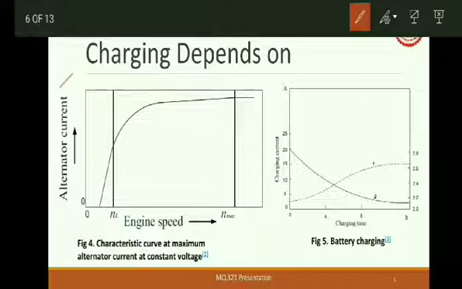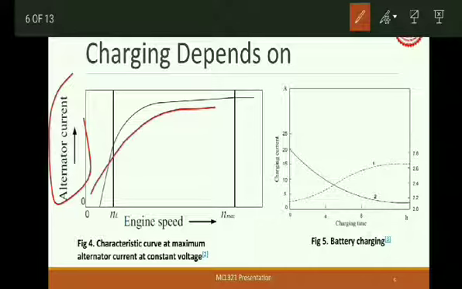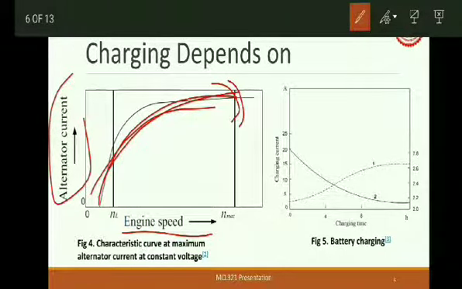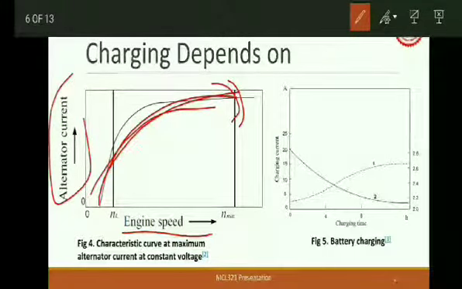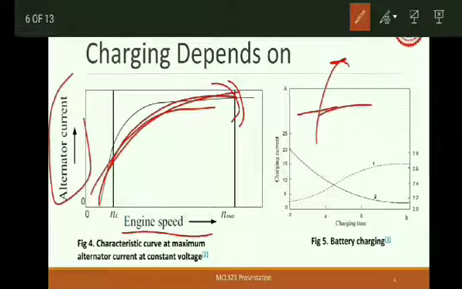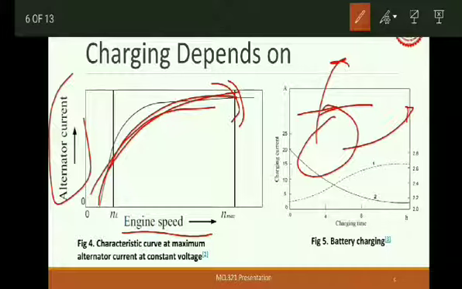You can see there's an alternating current. As the current increases, the engine speed also increases, and as the engine speed increases, the rotor will move faster and the battery will be charged more quickly. When the charging current is greater than a limit, the battery will be charged. Else the battery will be discharged by using the loads, as we saw in previous slides.